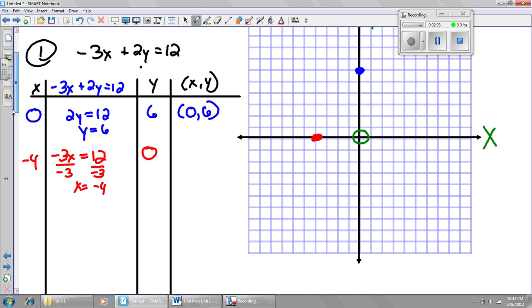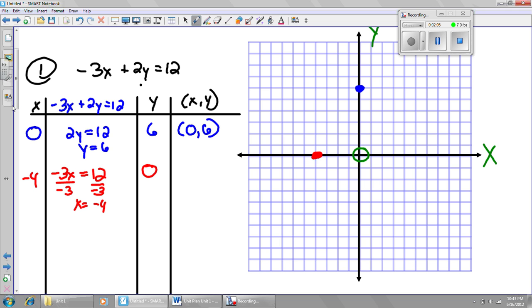All right, I need one more point, and I'm going to stop and think here. I'm going to pick something that when I multiply it by negative 3 is going to give me an even number so that 2y will divide into it once I add or subtract over there.